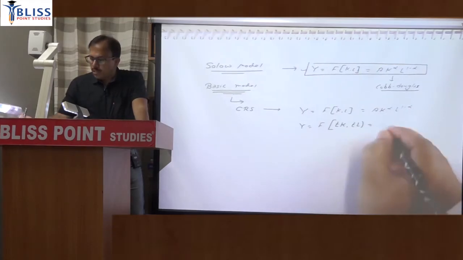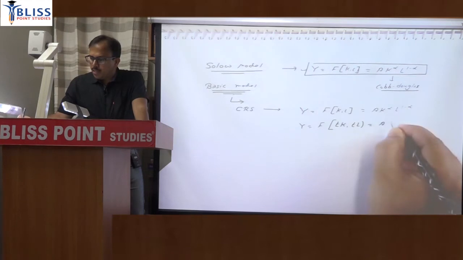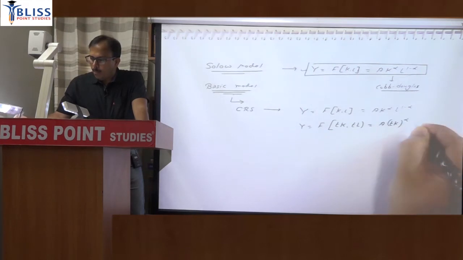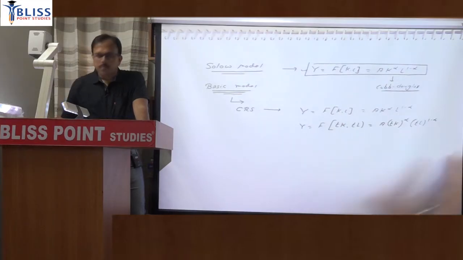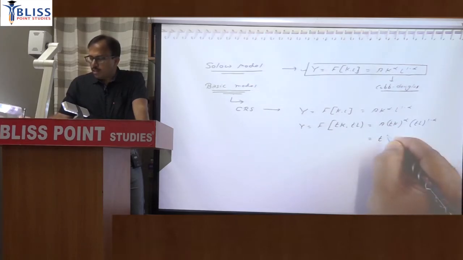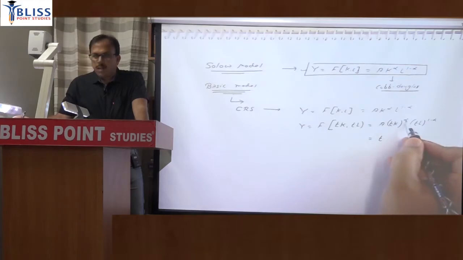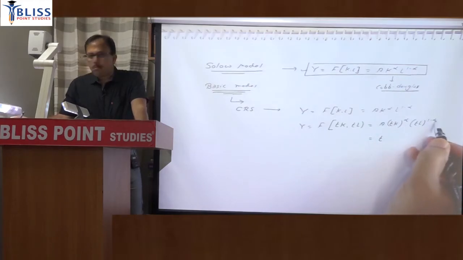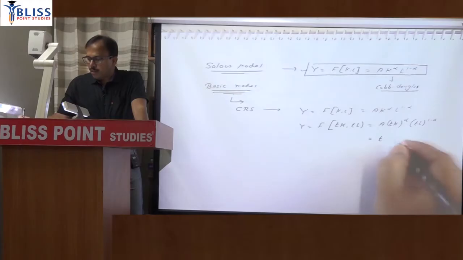Which means now in place of k, you can write (t k) to the power alpha, (t l) to the power 1 minus alpha. So t you can take out, and t to the power alpha and t to the power 1 minus alpha means only t.